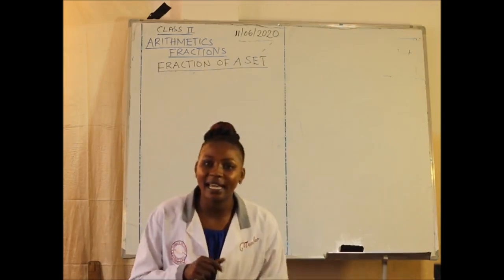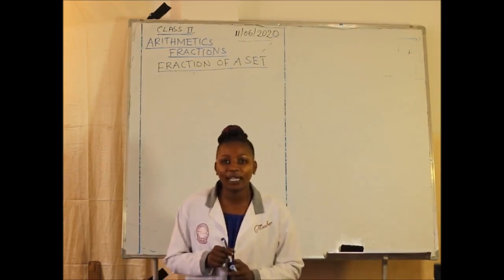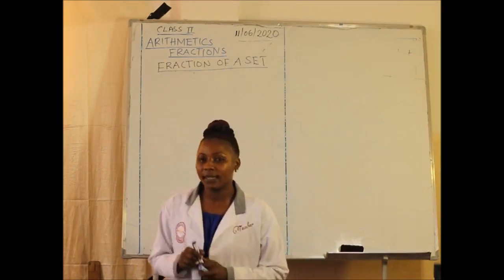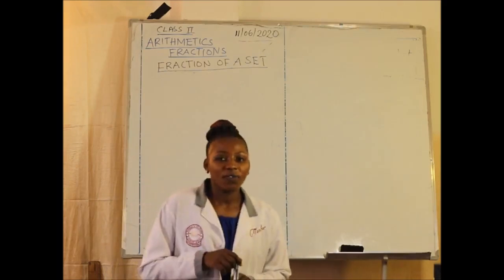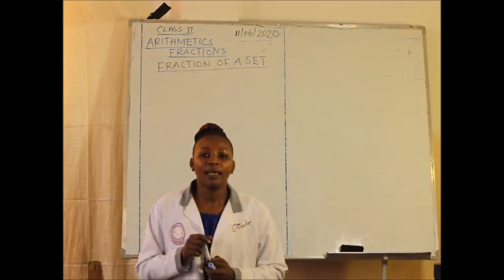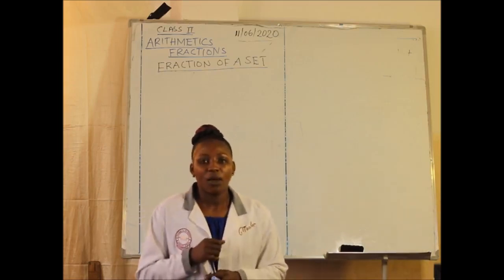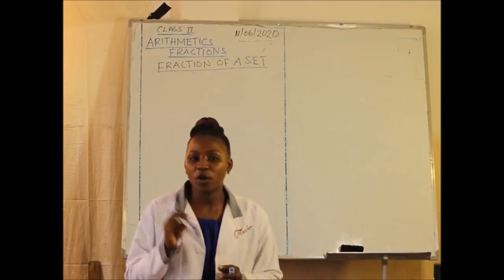I remember that last time we were discussing 2/3 of a whole thing as well as 1/4 of a whole thing. I said that 2/3 of a whole thing means that you have a whole thing and divide it into 3 equal parts, whereby 2 parts out of those 3 are removed or shaded.